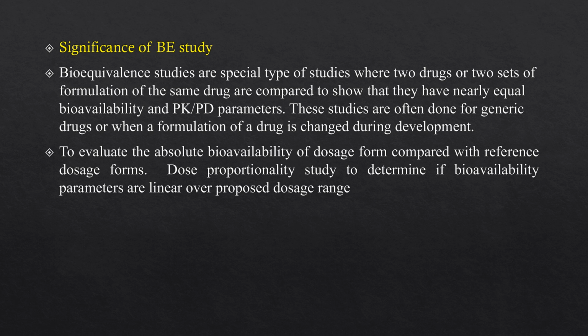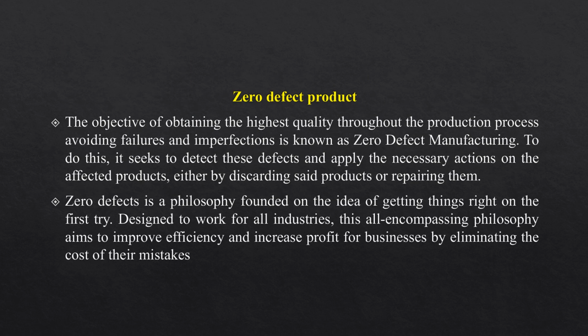These are often done for generic drugs when a formulation is changed during development. So the main purpose or significance of a bioequivalence study is to evaluate the absolute bioavailability of a dosage form compared with a reference dosage form. So we can determine the bioavailability parameters which are linear over the proposed dosage range.